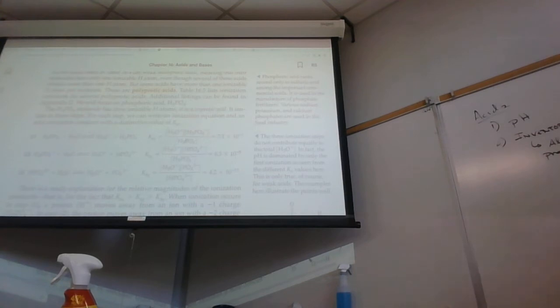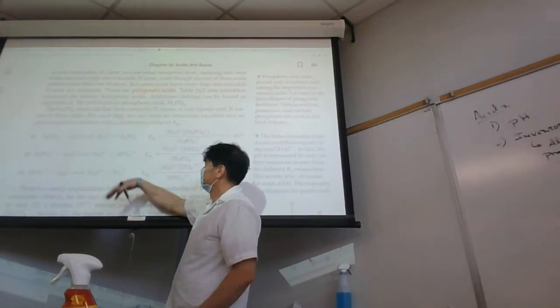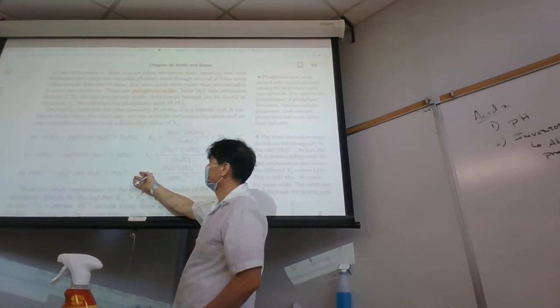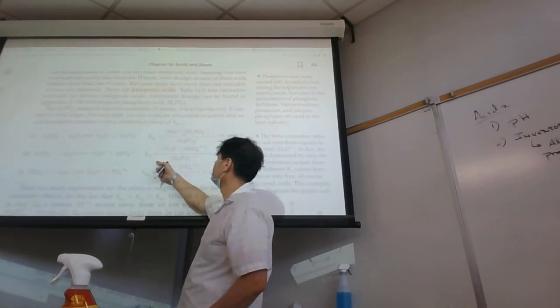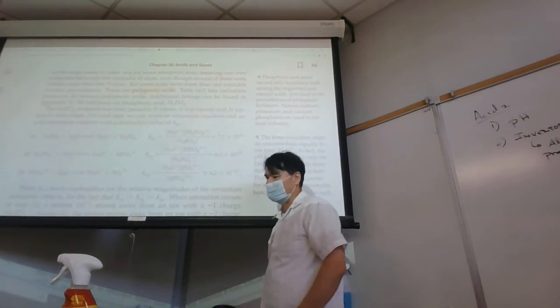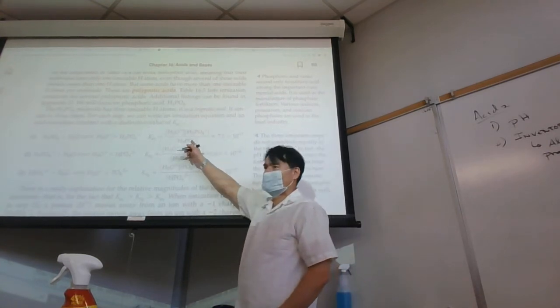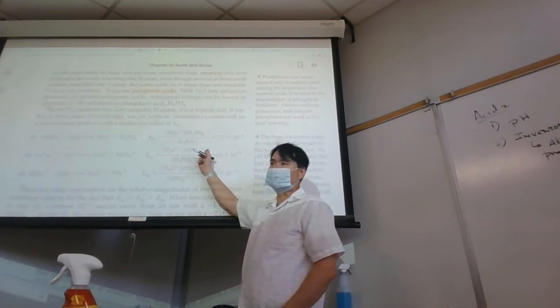So, for example, if we have a triprotic acid like phosphoric acid, then for the inventory, we need to know all the species that are present here, like H3PO4, and on. So we have Ka1, Ka2, Ka3. Ka1 deals with the first proton coming off.